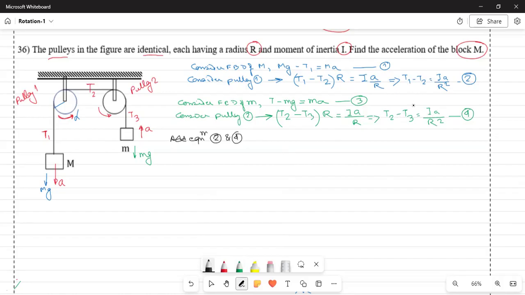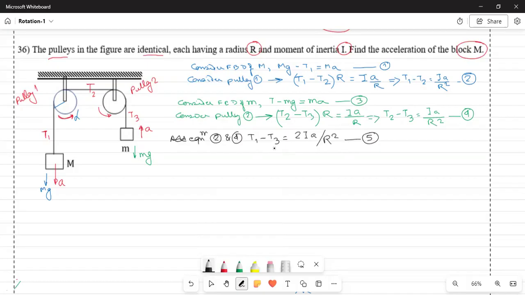If you add them, you get T1 minus T3 is equal to 2 I a upon R square. Let's call it equation 5. So equation 5 is the relation for T1 minus T3.